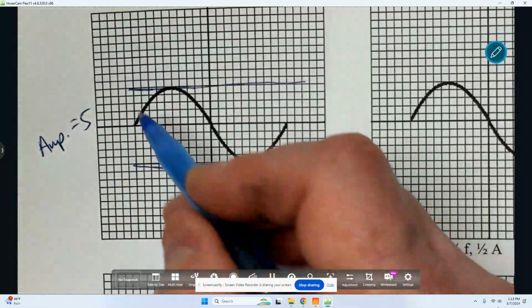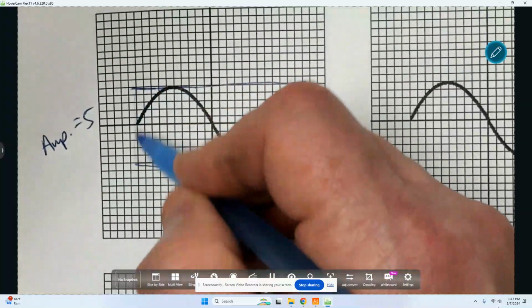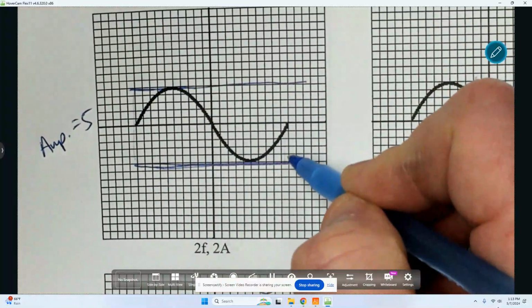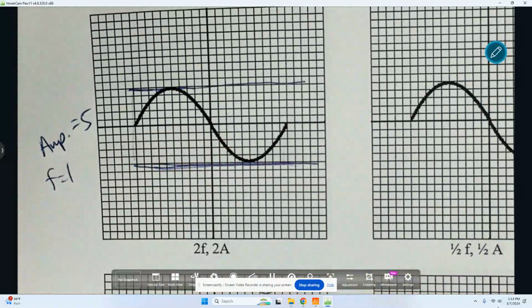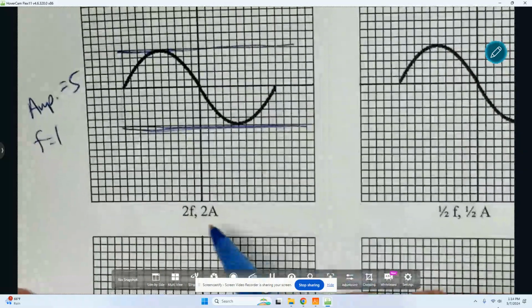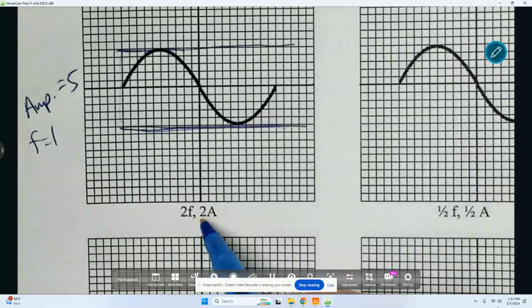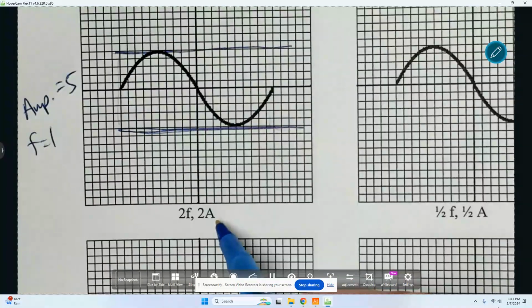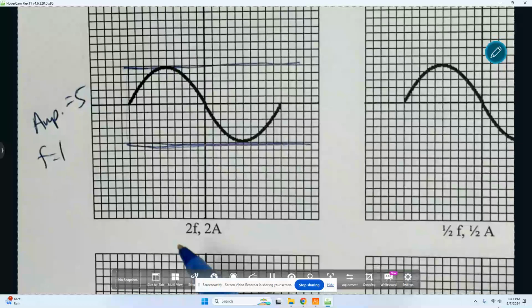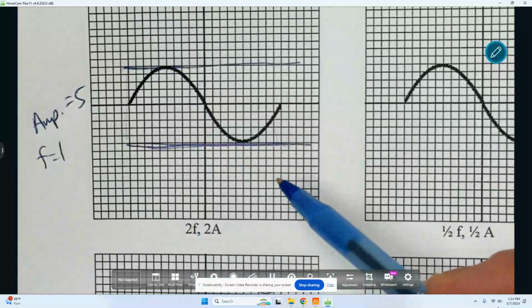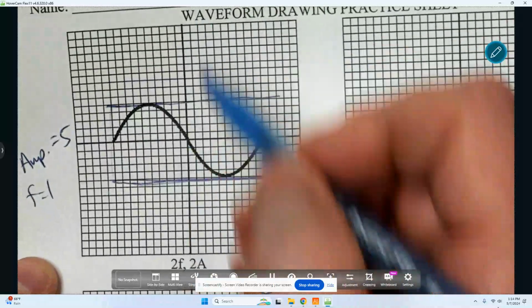Now I'm just going to call the frequency 1, meaning that this completes one cycle in the amount of time. So we might say that the frequency is just 1. What I want to do is draw a waveform that's twice as frequent and has twice the amplitude. So in the same space, I want to draw now a wave that is twice the frequency and twice the amplitude. First thing I'm going to do is expand my boundaries.